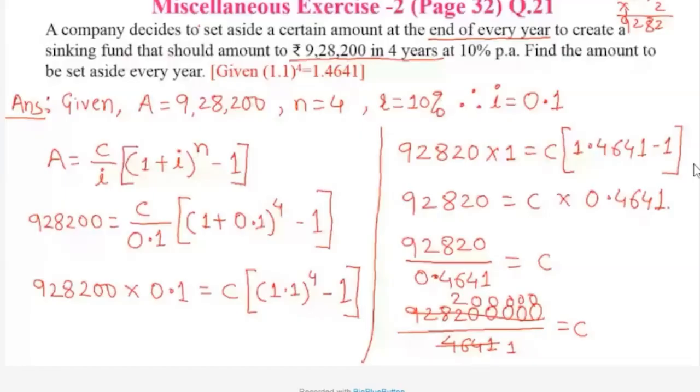So the amount to be set aside every year is 2 lakhs. So let us write down the final answer.